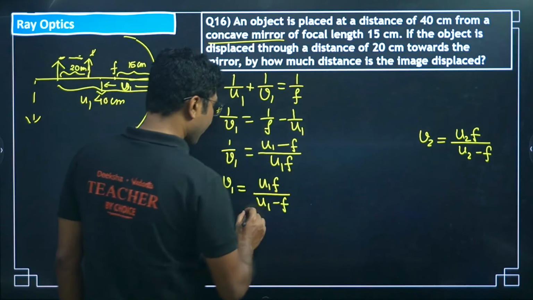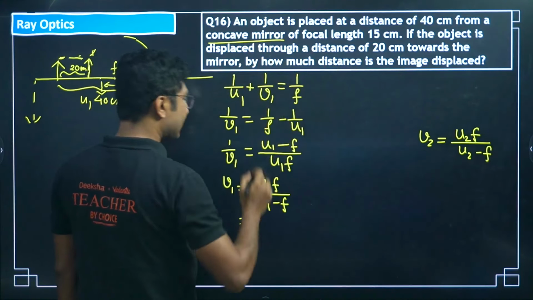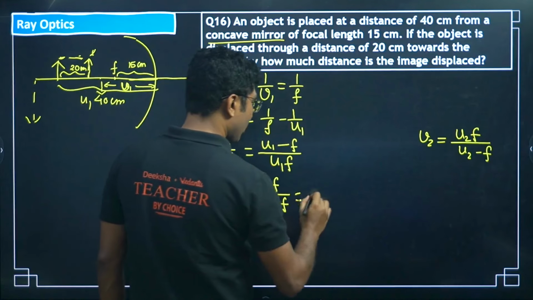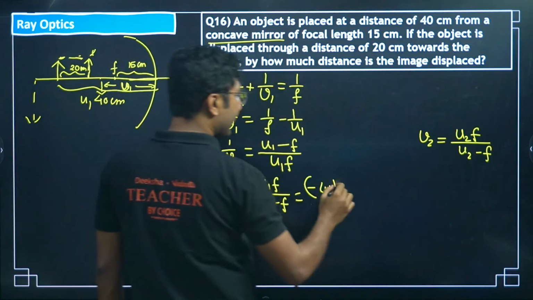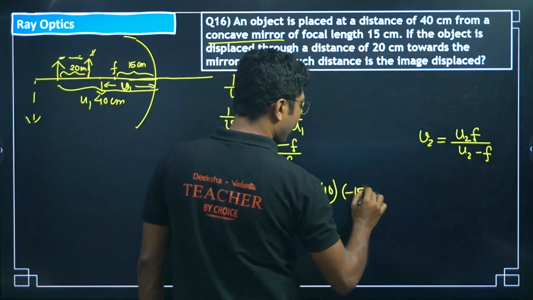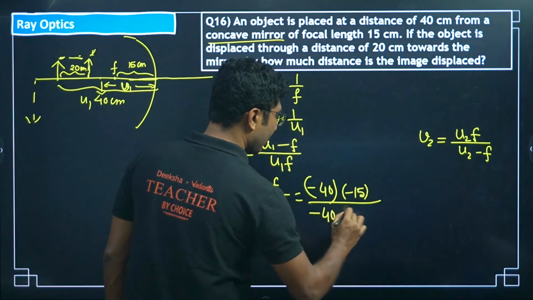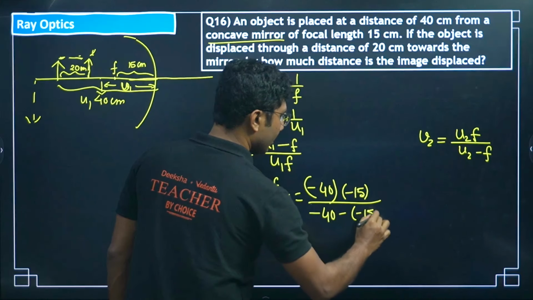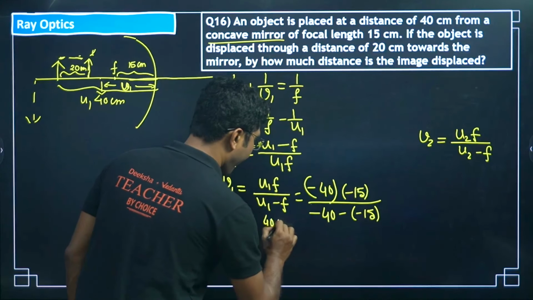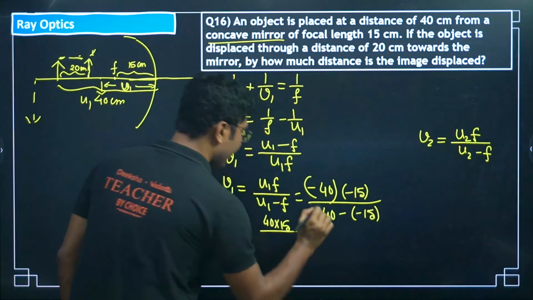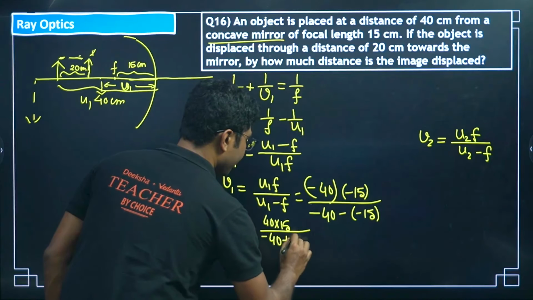Now, put the values. U1 is given as 40 centimeter, so negative 40, minus 40. Focal length is 15, again minus 15. Here U1 again minus 40 minus minus 15, so you have to be careful. So, 40 into 15 divided by minus 40 plus 15.